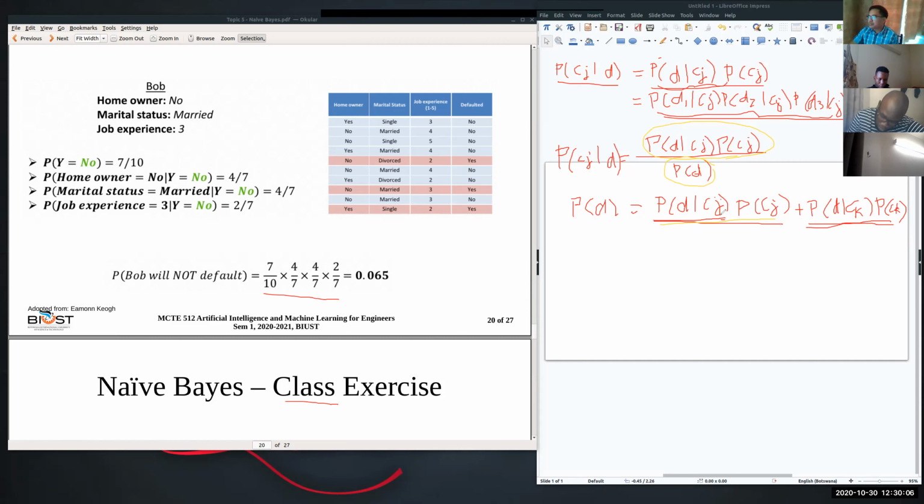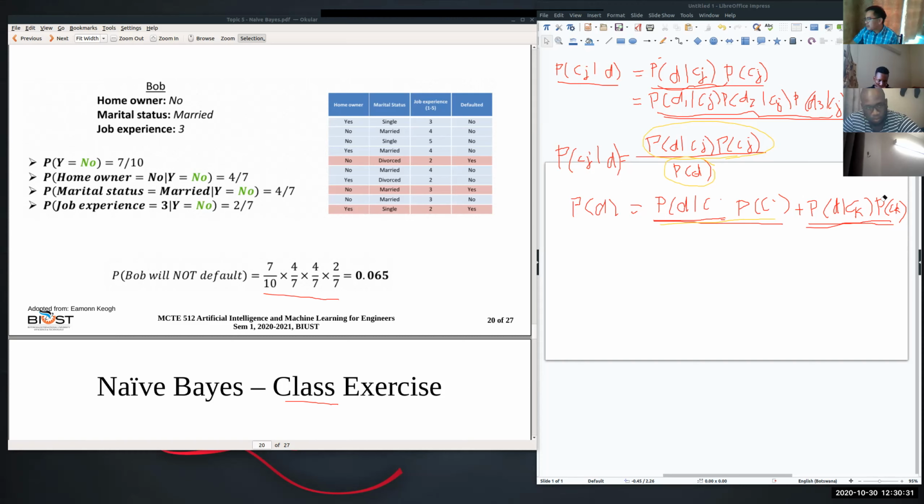do you agree with me that this part has two parts, only the yes and the no part? So I can write it down as C1, C1 being the no, just so it will be clear. This is the no part, or it will not default.